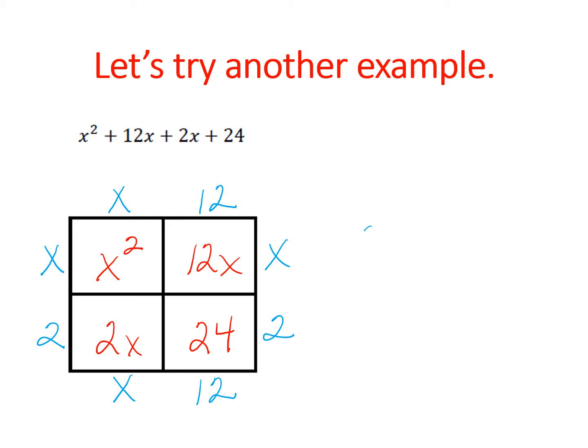So my 2 factors are a positive 12 and a positive 2. We're starting out with all positives just to kind of make it a little bit easier, but there will be some instances where you'll have some negative signs. So our 2 factors are x plus 12 and x plus 2.